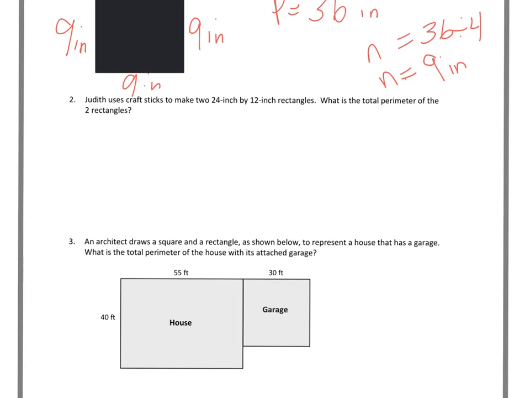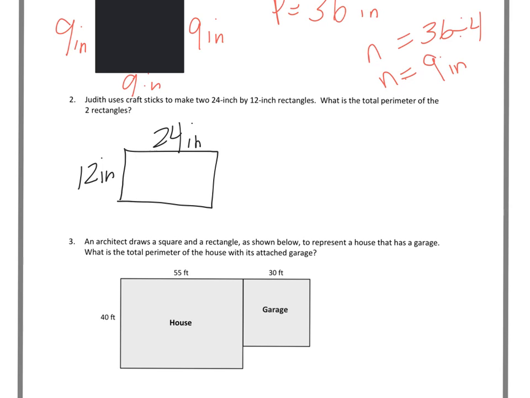Judith uses craft sticks to make 2 24-inch by 12-inch rectangles. What is the total perimeter of the 2 rectangles? So I'm going to draw this, and I know it's 12 inches by 24 inches. And she made 2 of them.